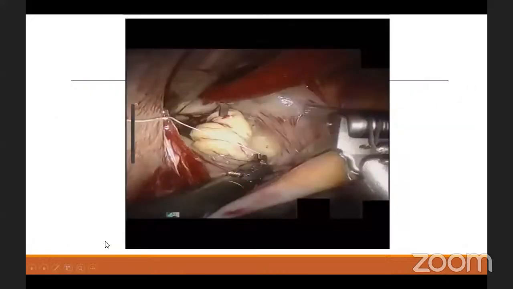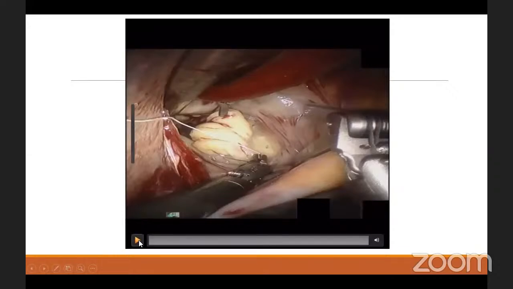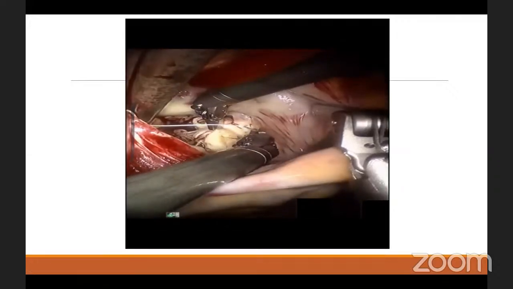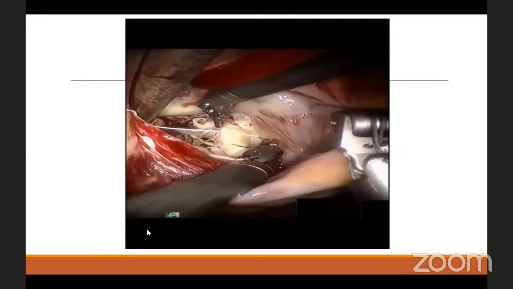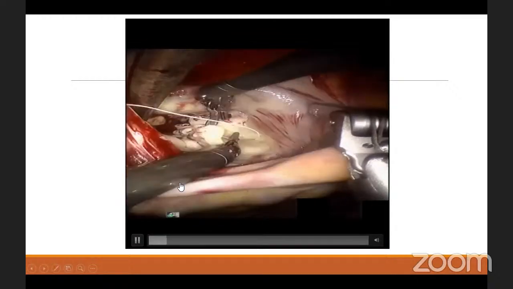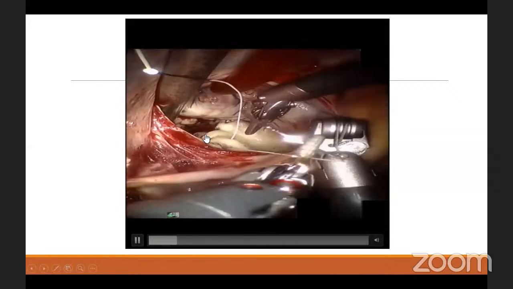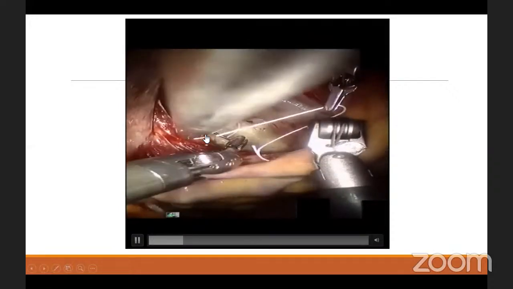So here is the technique for the artificial chordae. After identification of the prolapsed segment, the suture is first passed through the leaflet and then through the papillary muscle just below the fibrous tip.